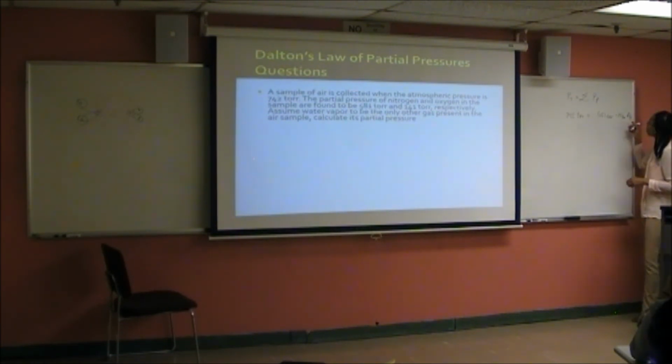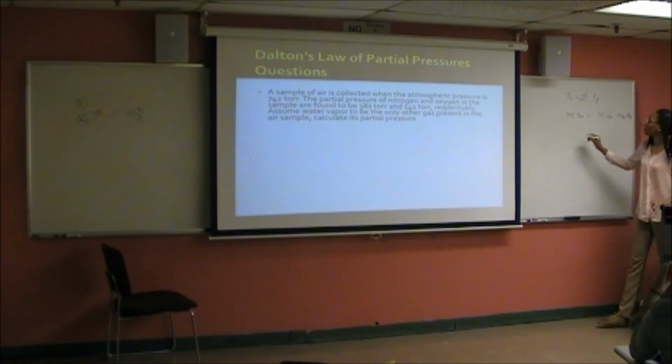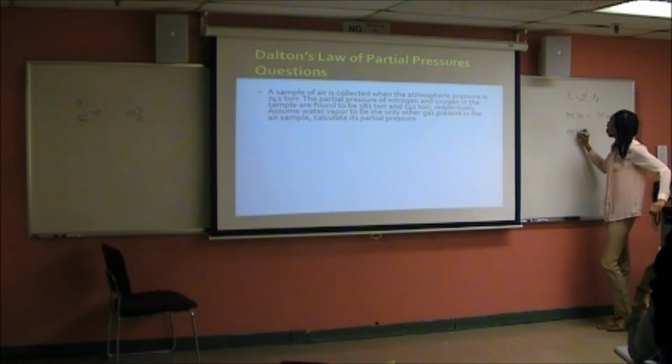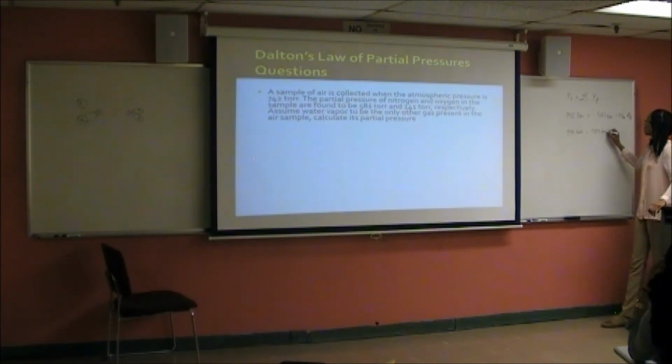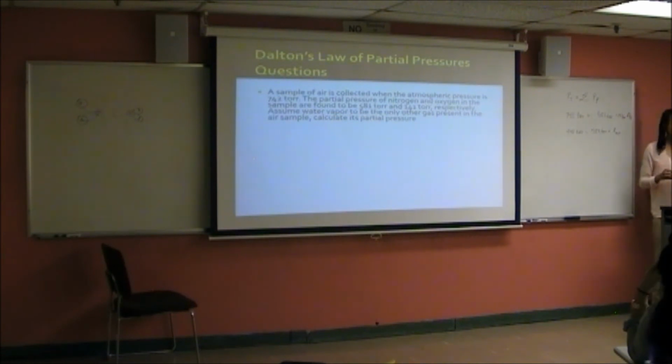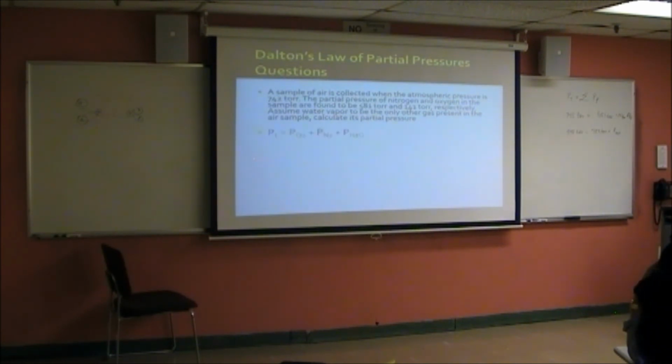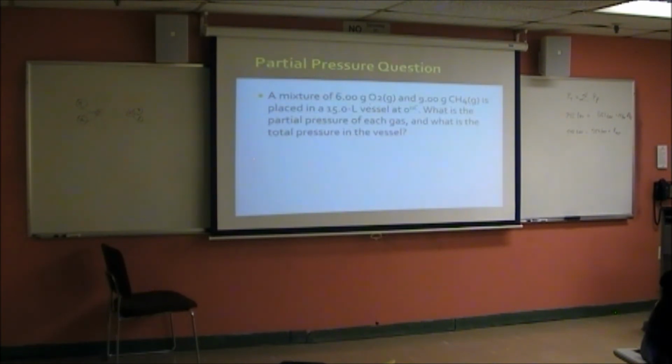So 742 torr equals 722 torr plus the partial pressure for H2O. You solve for H2O and you have 20 torr. Can we get that? Yes, ma'am. Alright, here's another one.